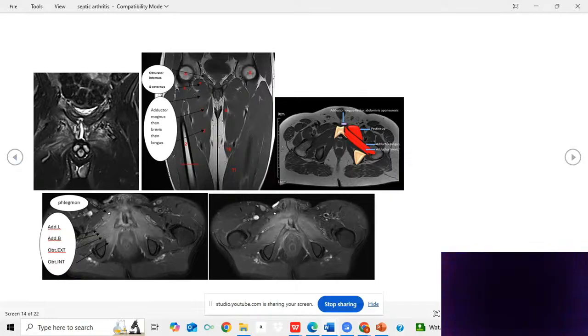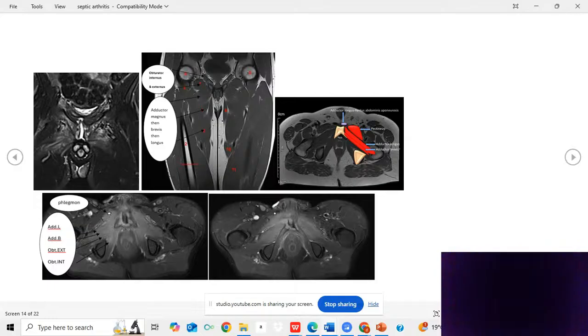So here this is the obturator internus muscle. This is the normal muscle. This is the inflamed muscle. The obturator internus, the obturator externus, as well as the adductor magnus, and the adductor brevis.